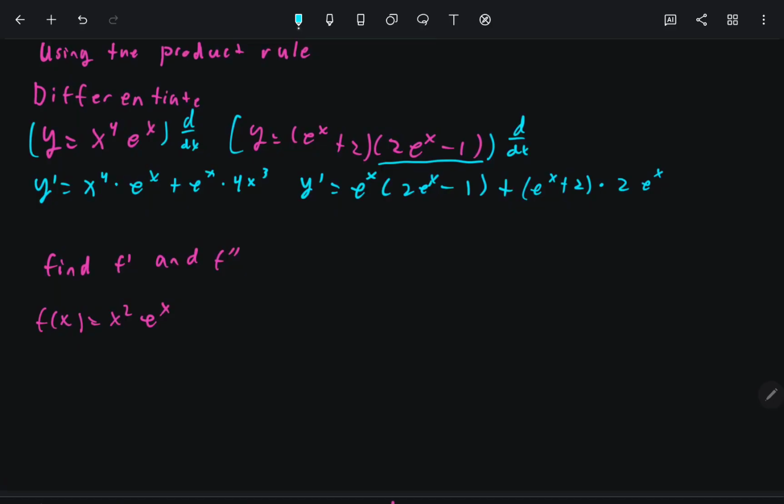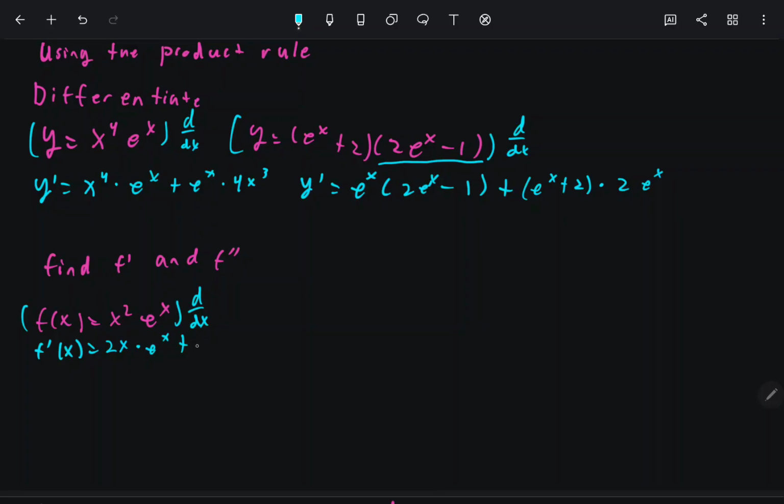Now for this final one, we want to find f prime and f double prime of x. So we're going to, again, apply the derivative, so d over dx of f of x. We are going to find out that f prime of x is going to be, once again, the derivative of the first, 2x, times the second. The more you say it, the more you will remember it.